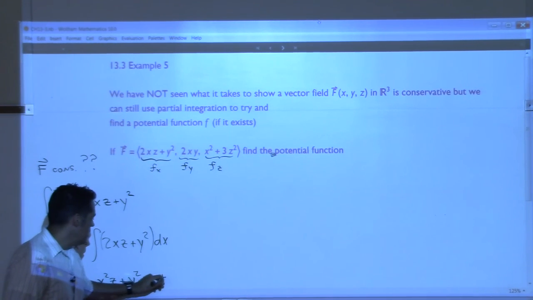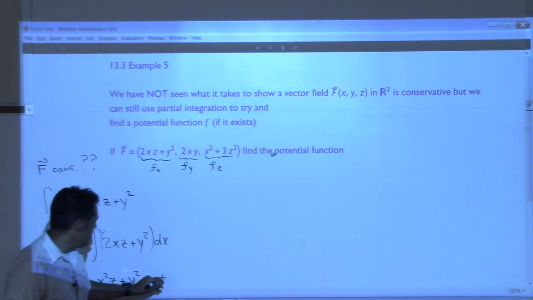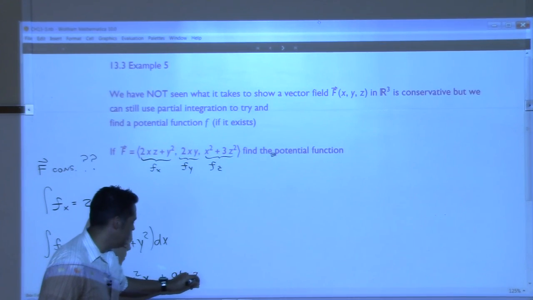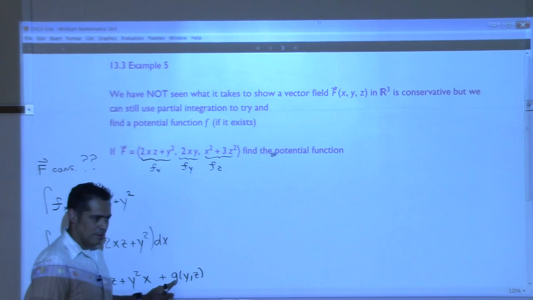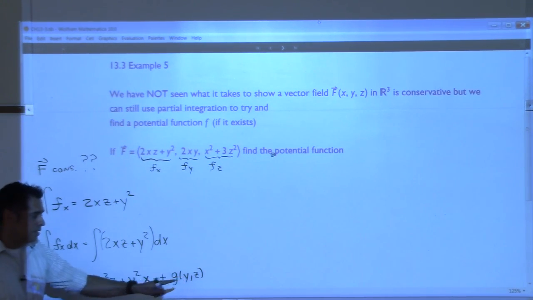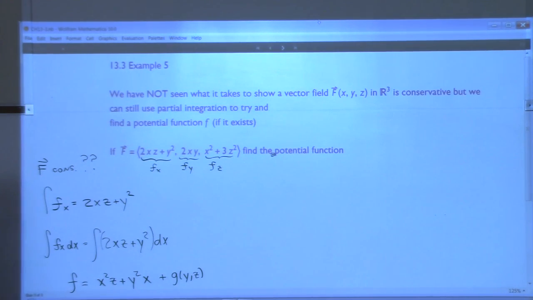This is going to be different because not only could it have constants and y's in it, but it could also have z's in it. So you make this a function of two variables, possibly. So we'll call it g of y, z. As long as it doesn't have x's in it, then this works, okay?